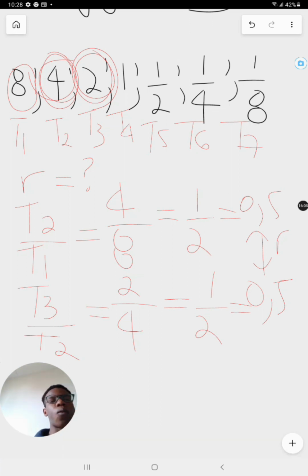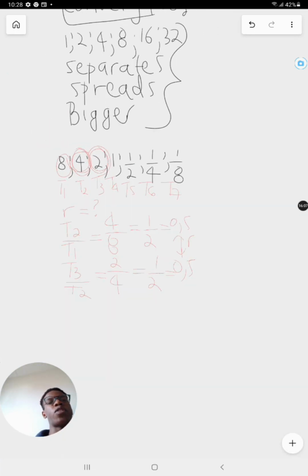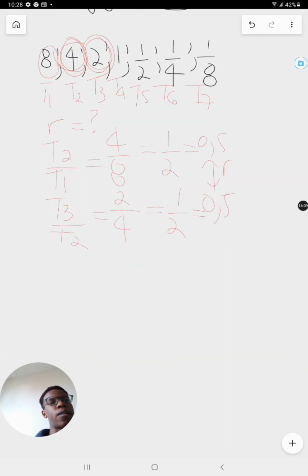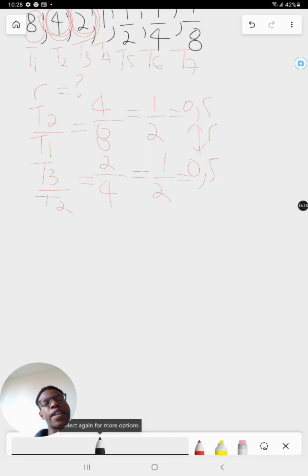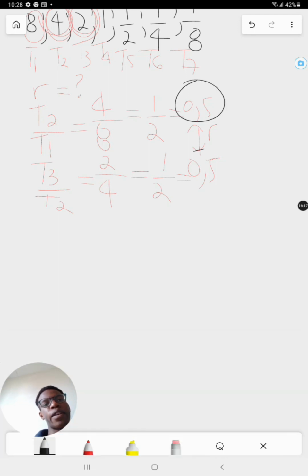Now what do you notice about this geometric sequence? The value of your R in this geometric sequence is a decimal. It's 0.5.